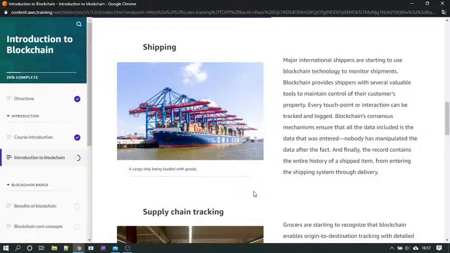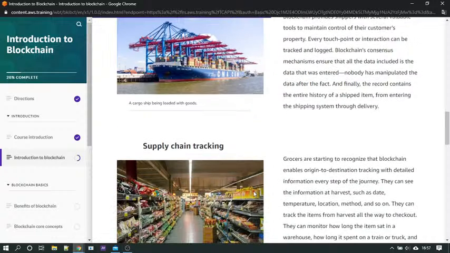Every touch point or interaction can be tracked and logged. Blockchain's consensus mechanism ensures that all the data included is the data that was entered. Nobody has manipulated the data after the fact. And finally, the record contains the entire history of a shipped item from entering the shipping system through delivery.